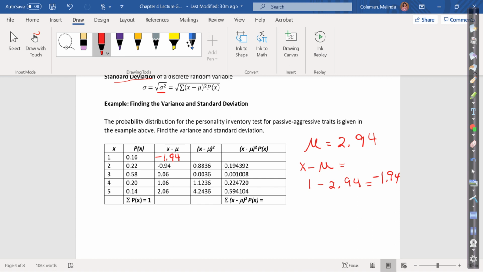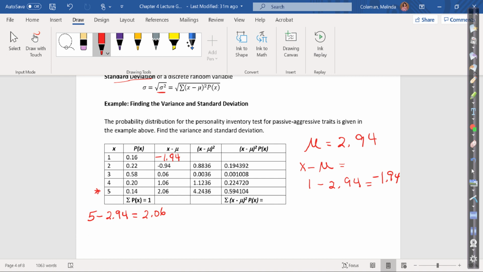If we verify number 5, although we already have the answers, number 5 would be to take 5 minus the 2.94, and 5 minus 2.94 is in fact 2.06. And I do expect you to use your calculator on this.